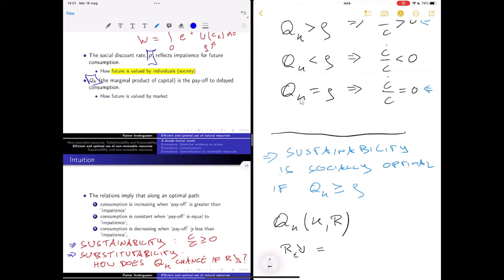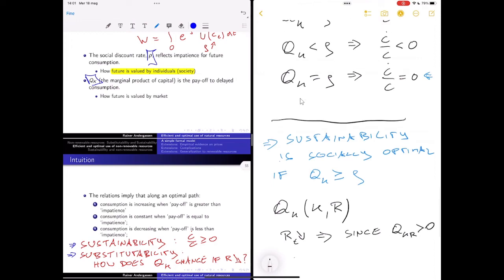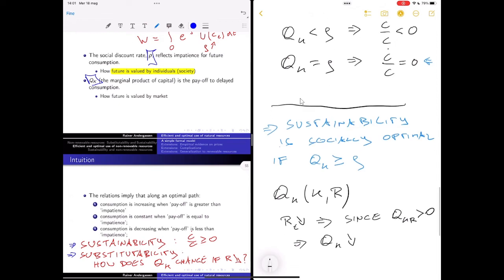And therefore, since the marginal product of capital is increasing in R, Q, the marginal product of capital, decreases. Let me repeat this. In order to be able to produce, you need the non-renewable resource.